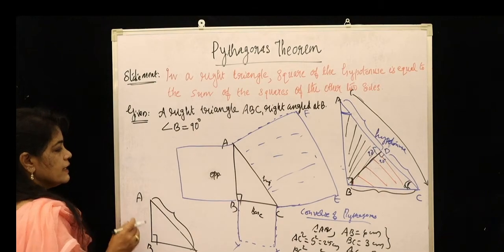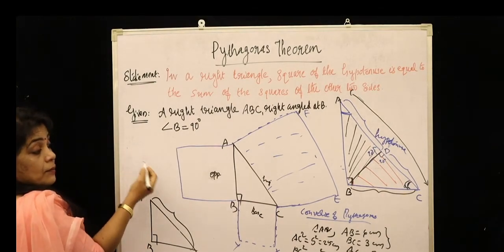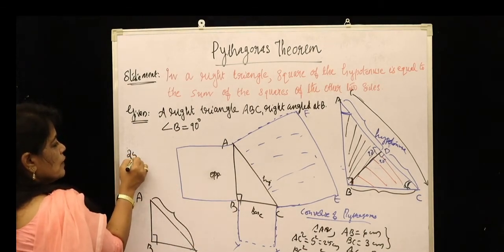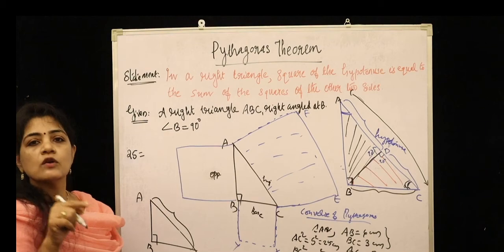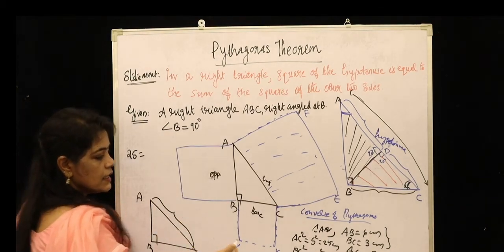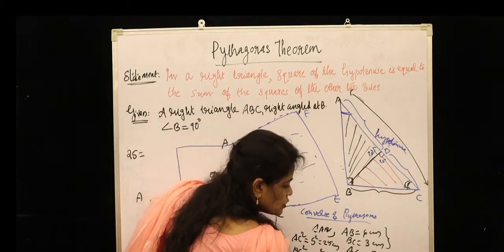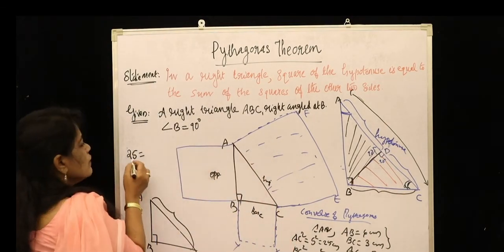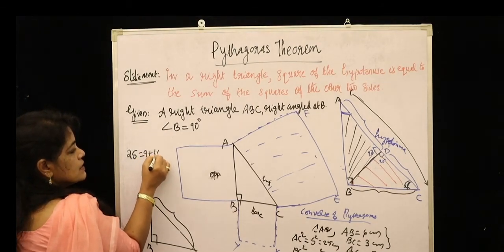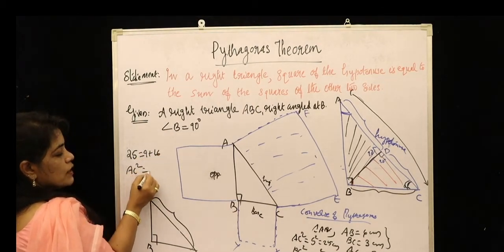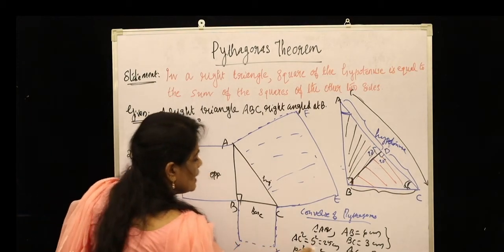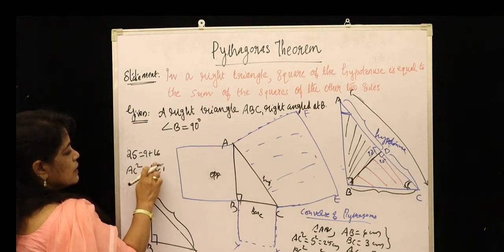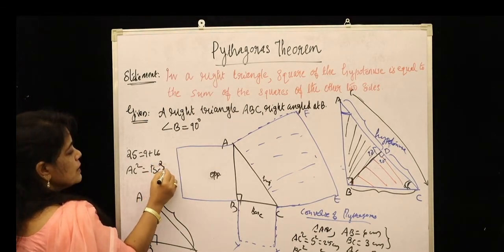Now we have seen, children, here AC square, the square of the longest side, that is 25, is equal to the sum of the squares of the other two sides. Please check, here 9 plus 16 equals 25. So AC square equals 9, which is BC square, plus 16, which is AB square.